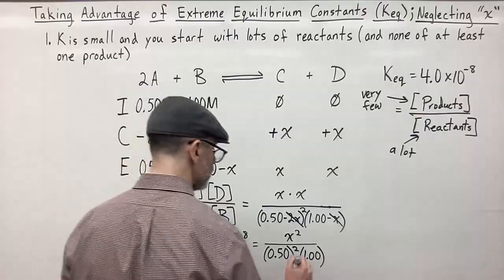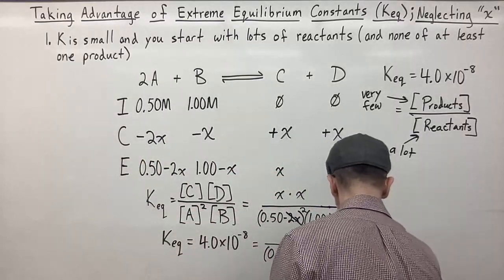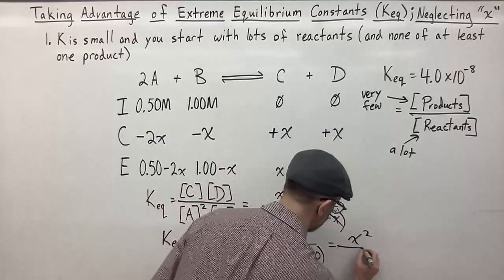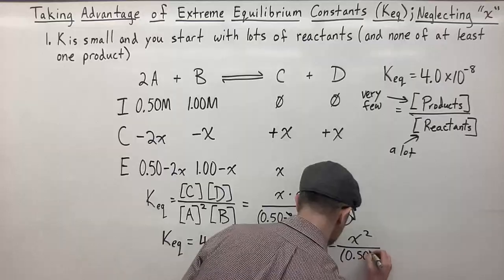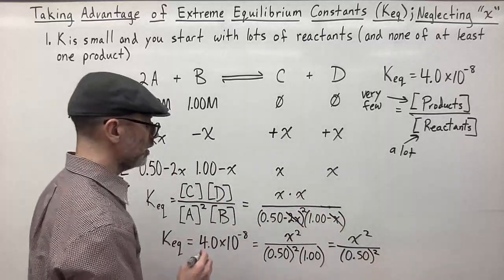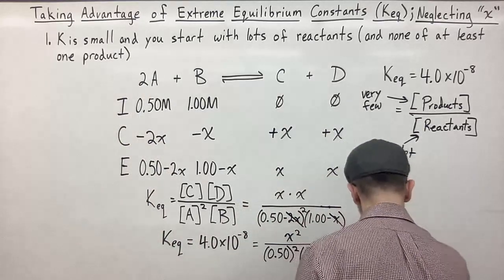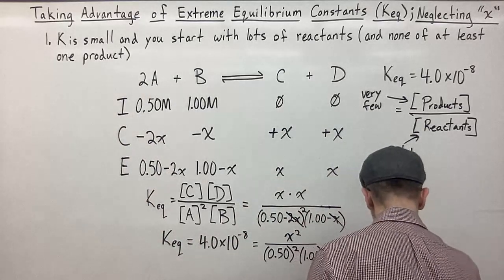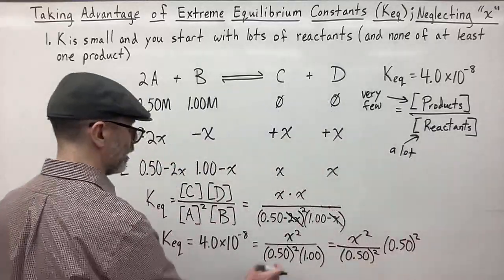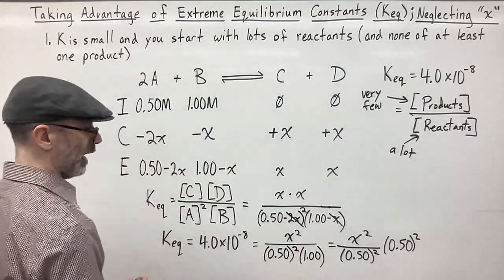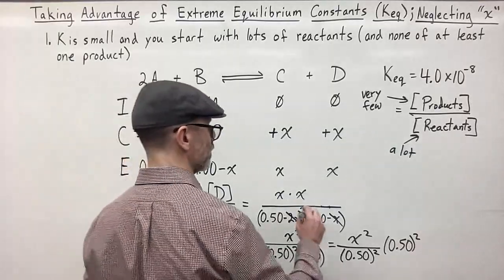So if I fix that, that would be x squared over 0.50 squared. And then I can multiply both sides. So multiply that side, and then I can multiply this side as well. So I'm going to multiply this by that. So let me write that up here.